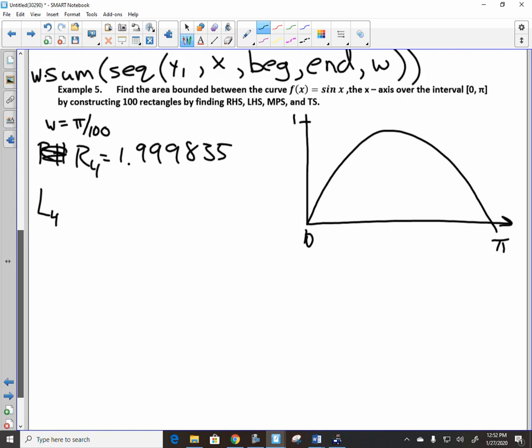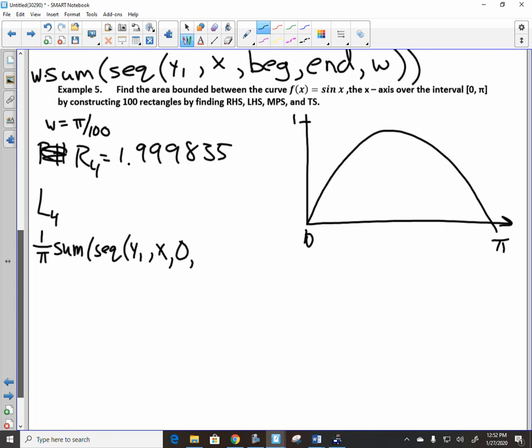So I'm typing in 1 over pi times the sum of the sequence, right, of y1 and x. Now, what's my beginning? My beginning is 0. That's what changes with the left hand, right? So I begin at 0. Do I go all the way to pi?